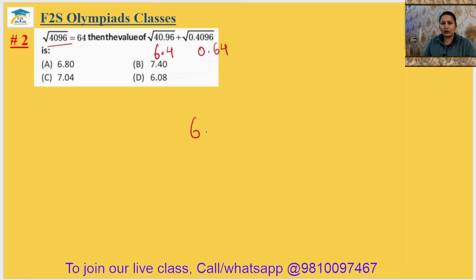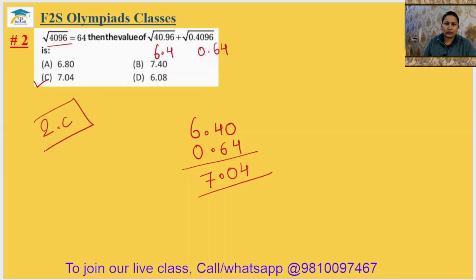If you add both of them, it will be 6.40 after making it an equivalent decimal, plus 0.64. If we add it, 4 plus 6 is 10, carry 1, 6 plus 1 is 7, so 7.04. It is available in option C. So the second answer will be option C.